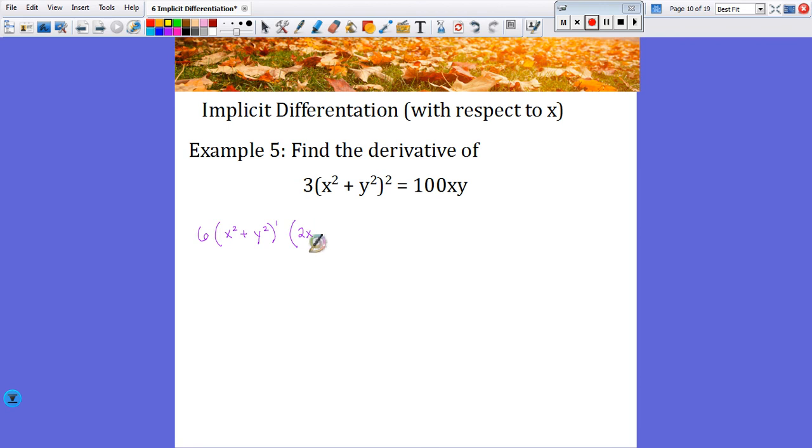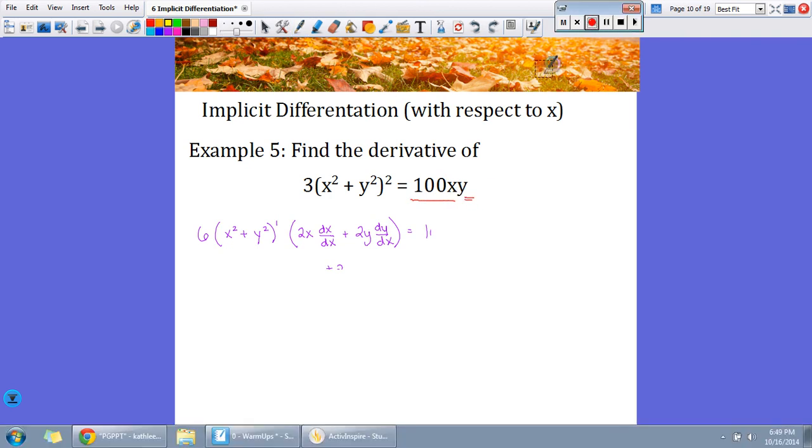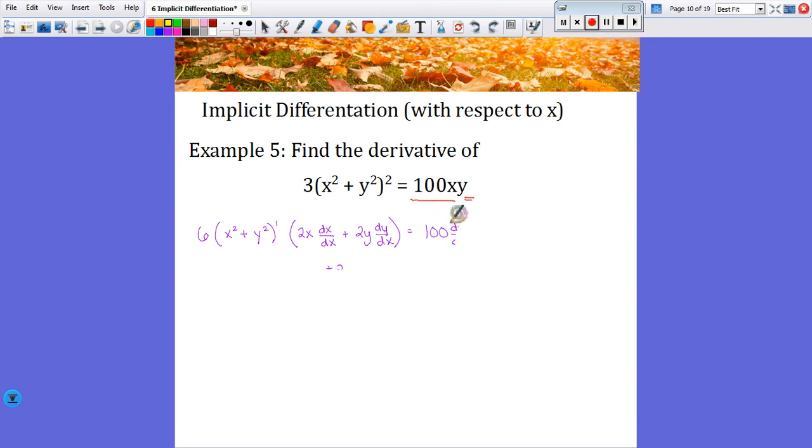So I'm going to have 2x dx dx plus 2y dy dx, and then I'm going to have an equal sign. And here I'm going to use the 100x as one function and y as my second one. So my derivative is going to be 100x dx dx times y plus 100x times the derivative of y, which is dy dx.